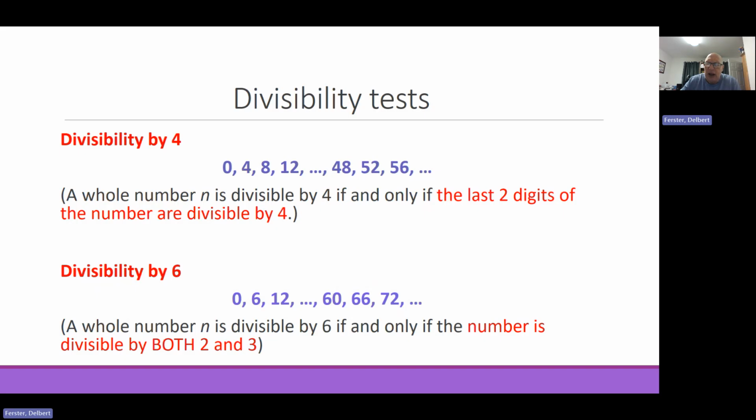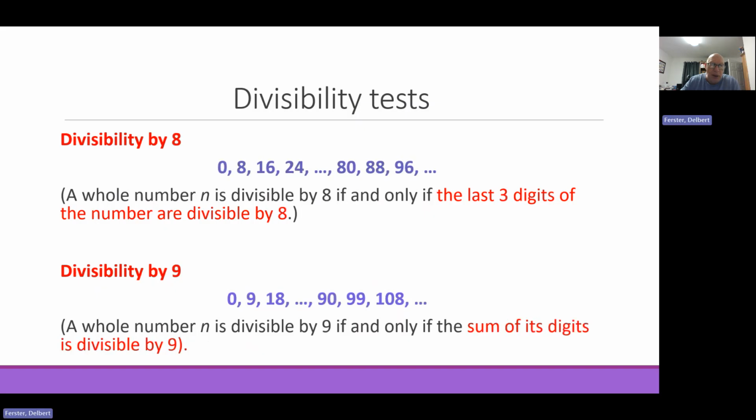Divisibility by 6. A number is divisible by 6 if it's divisible by 2 and it's divisible by 3. So we'll have a double check. For it to be divisible by 6, it must be divisible by both 2 and by 3. By 8, similar to what we saw on the divisibility by 4, except now you form the number with the last 3 digits.